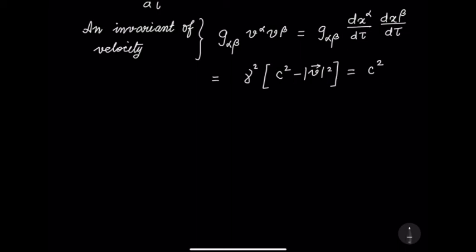Now it looks like I have got two invariants by doing these operations with two different types of vectors. One is a position vector, one is a velocity vector. So is it very special? It is, because this is how we can define the dot products of vectors. So let us do that.